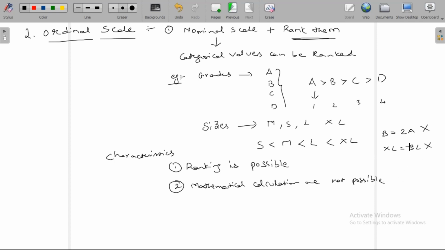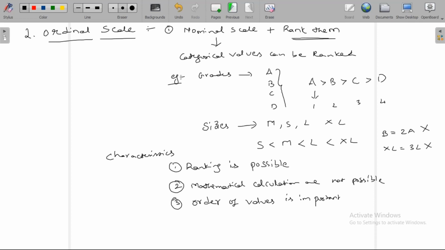So what is magnitude? Magnitude in the sense, suppose I am taking two intervals, so let us take temperatures as the example. It will be a good example. When I take temperatures data, what are the temperatures? 30 degrees centigrade, 50 degrees Fahrenheit, this kind of things.